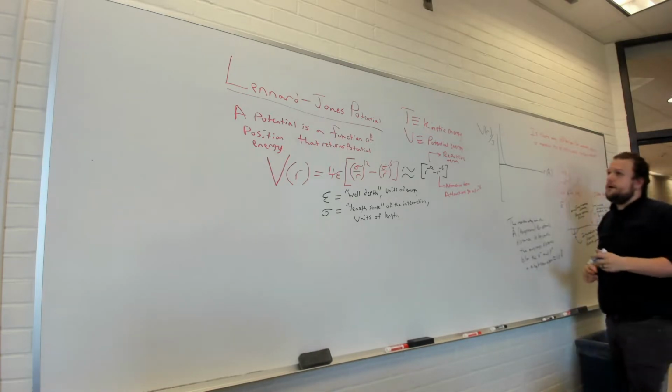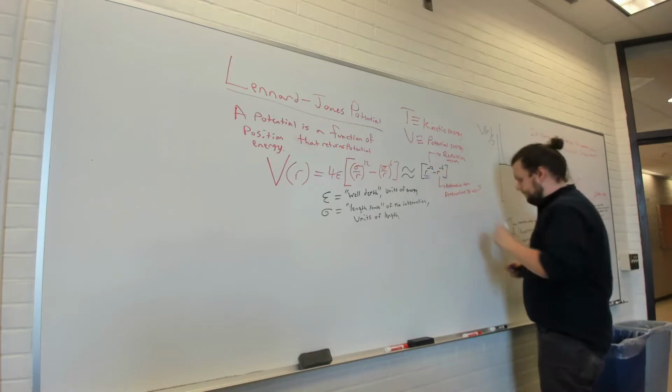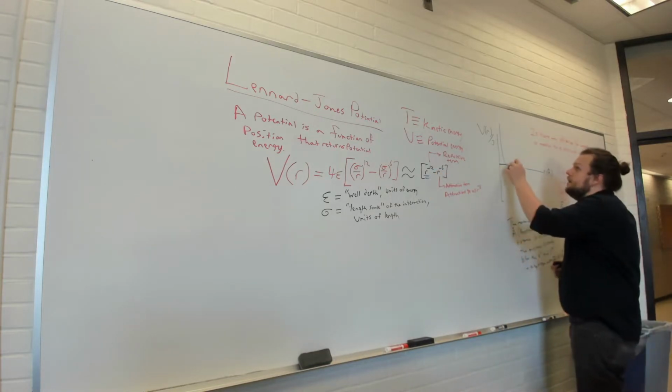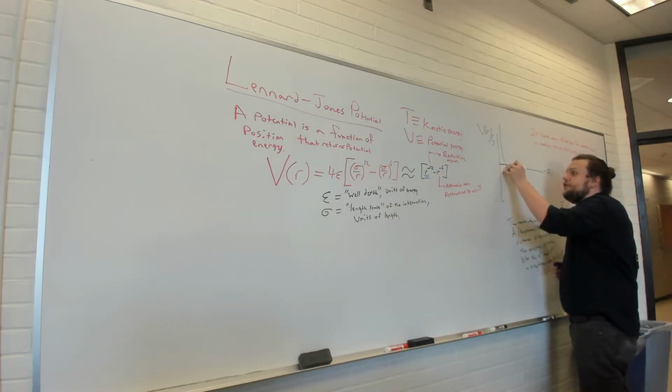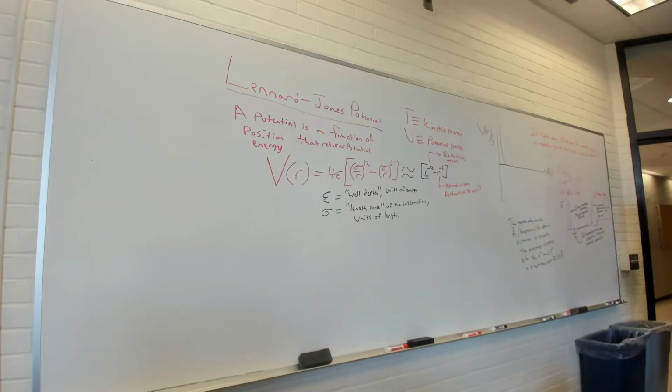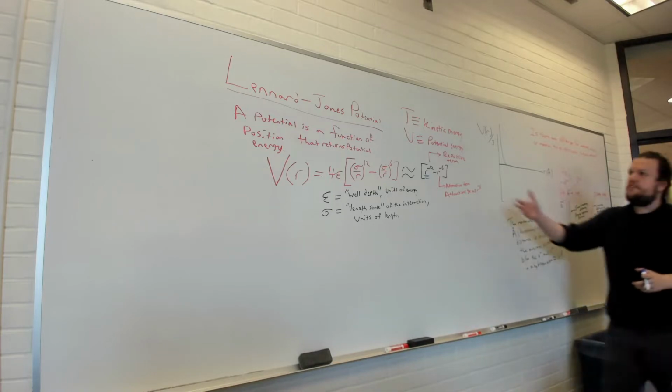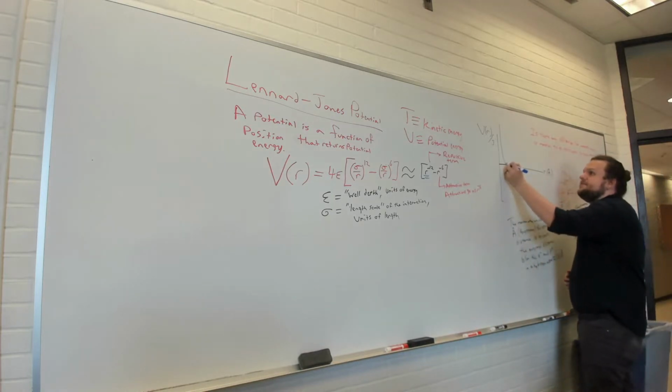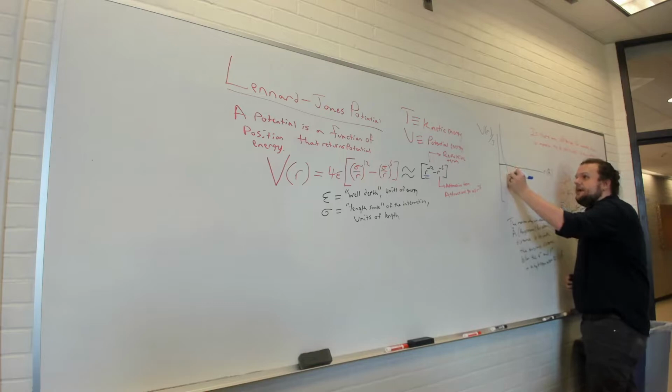That's the repulsion part. And then once you start to get further away, that repulsion part gets tiny, and the r to the minus 6 starts to win out. And what happens is now you start to go into negative energies.